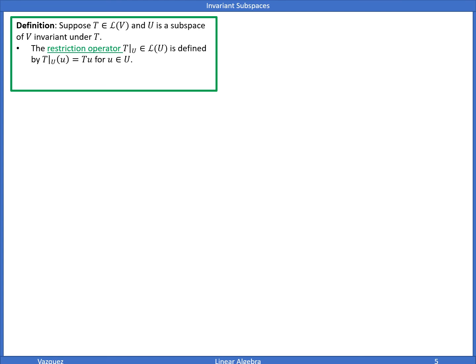Suppose T is an operator and U is a subspace of V invariant under T. Then the restriction operator, where U is invariant under T, is defined by mapping U to TU. In this case, we're restricting the domain and mapping it to TU.